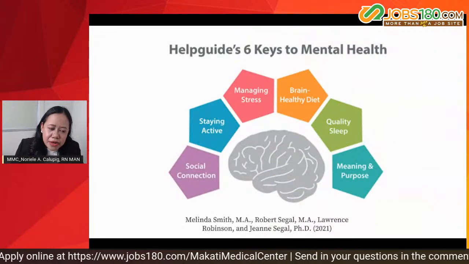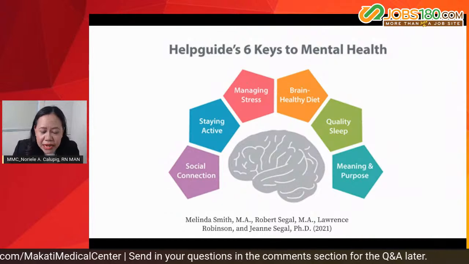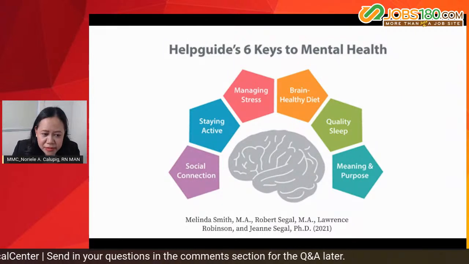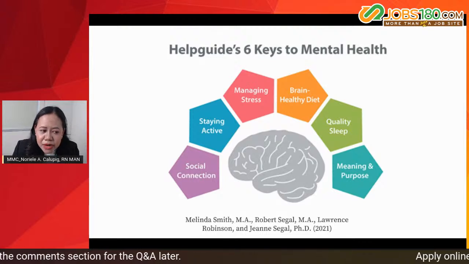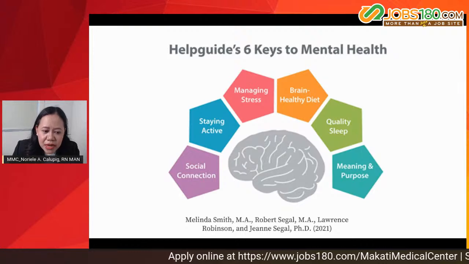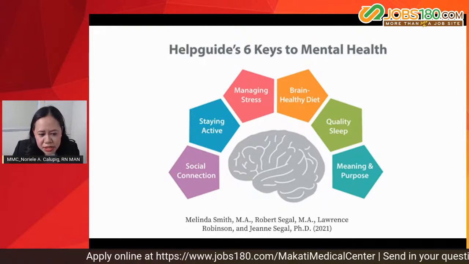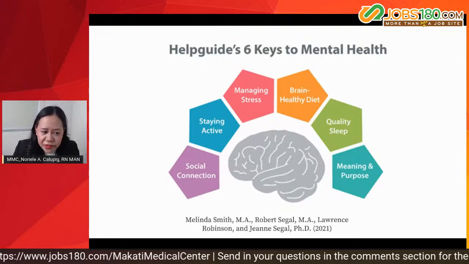Next one is yung meron tayong tinatawag na 6 key steps to mental health. So kung meron kang 6 na to, mapoprotektahan mo ang sarili mo sa mental illness disorders. So kailangan number 1, meron kang social communication or connections. So ano bang mga example ng social connections? Ito yung social media, yan sa Facebook, okay? Yung communication nyo with your family, your friends.